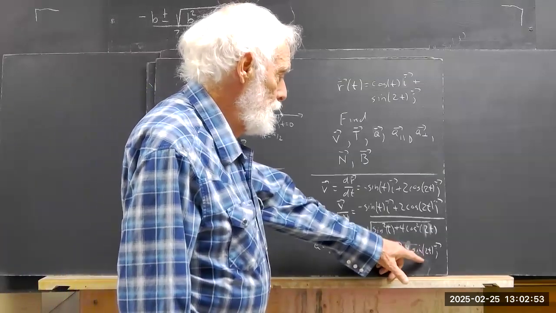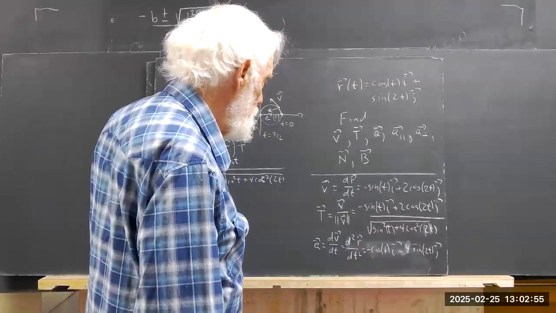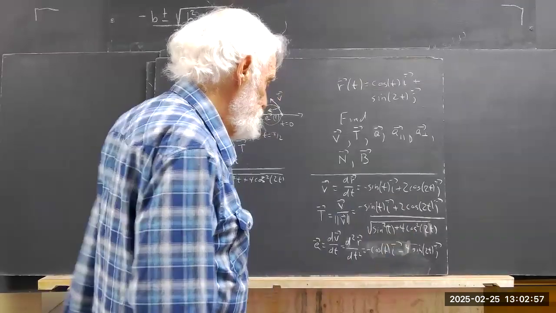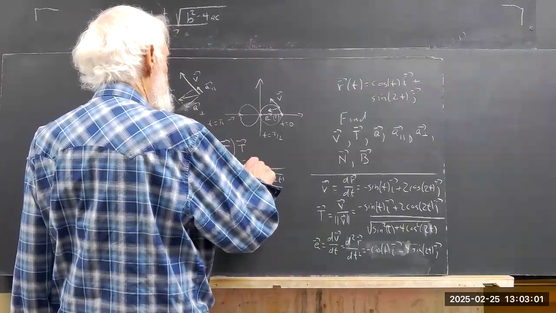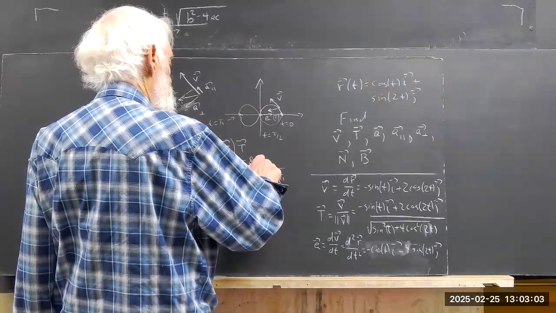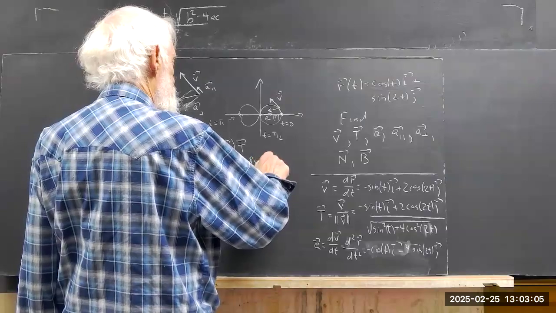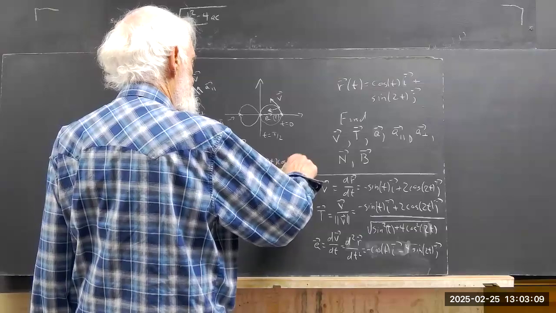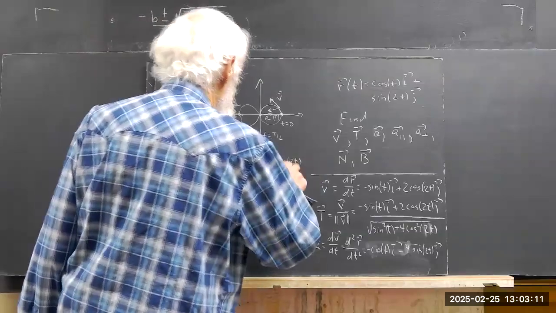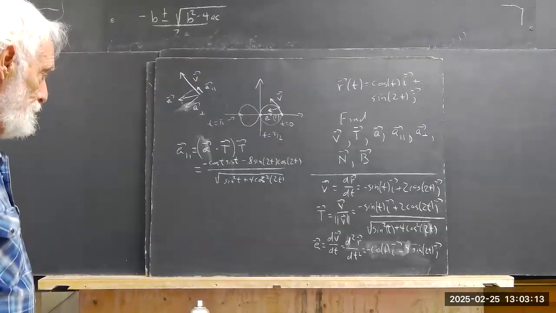Then if I do the j component times the j component, we get a -8 sine cosine, that is, sine of 2t times cosine of 2t.